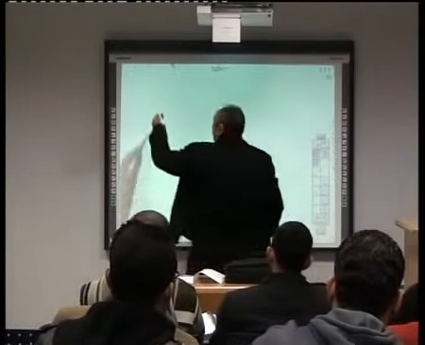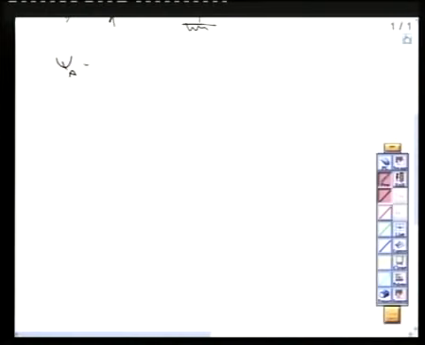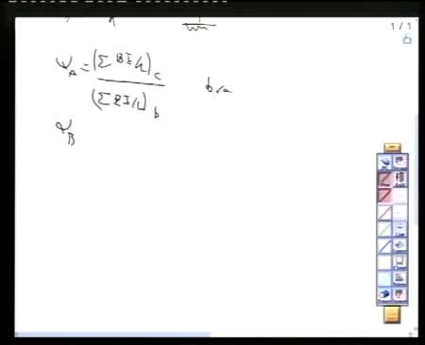Yes, we find psi A, which is summation of EI over L columns divided by summation of EI over L beams. And we find the psi B. And we have 2 nomograms, one for braced and the other for what? Unbraced. For braced, what is the value of K?